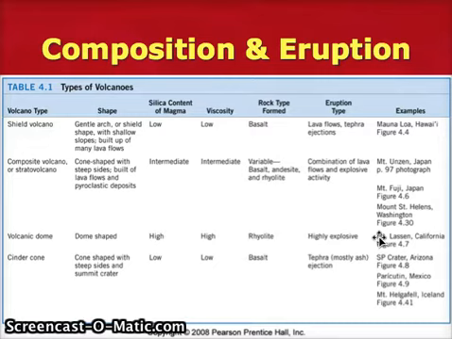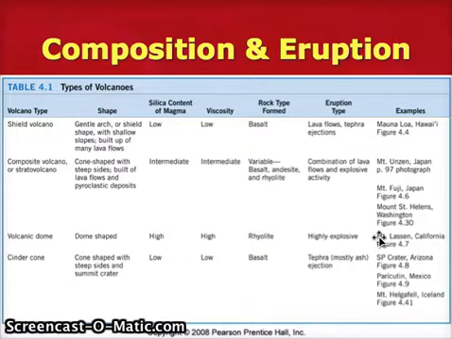These are very, very explosive. Sometimes you will find one of these domes growing in the top of a composite volcano. So you'll notice the composite volcano kind of shifts back and forth. When it has a more rhyolitic type lava coming out, it'll grow a dome in the crater of the volcano.